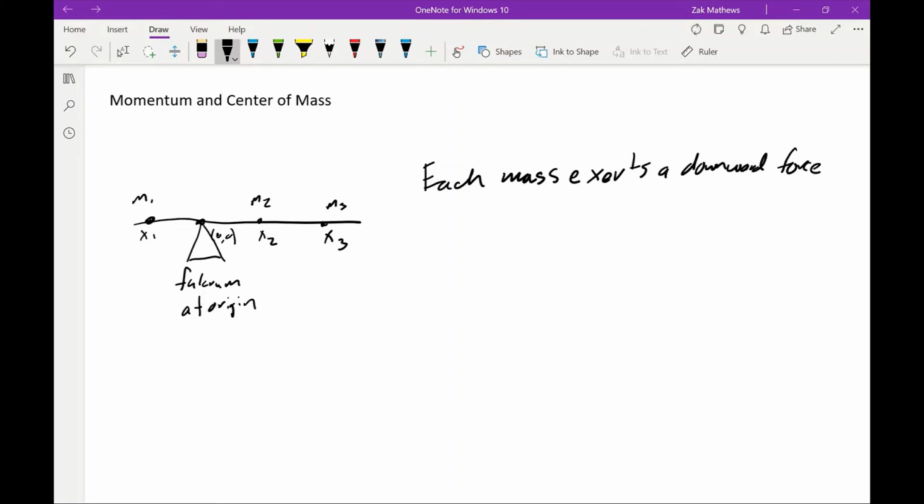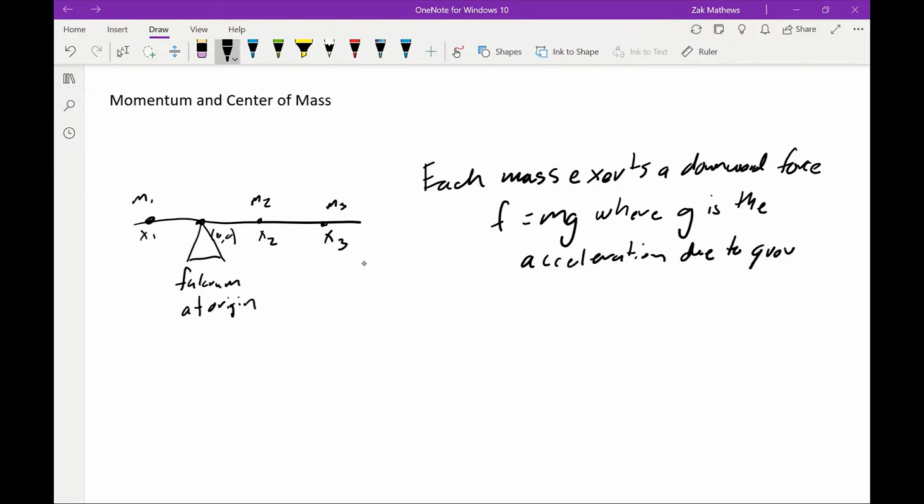And that force, we can think of as the mass times gravity, and that g is the acceleration due to gravity, approximately 9.8 meters per second squared. So force is mass times gravity, with my capital F there.